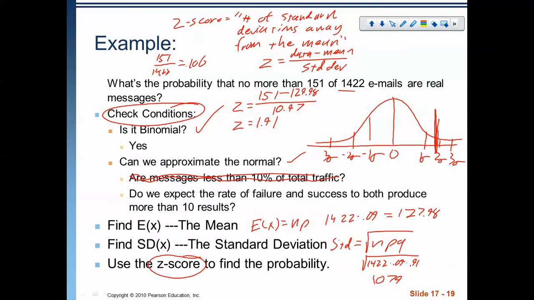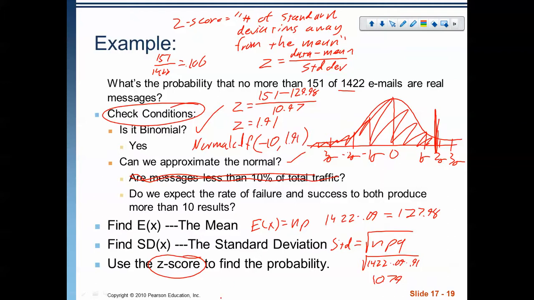And then we ask ourselves, what's the probability that no more than 151 emails are real messages? At least means above, no more means below. So we need to find this probability down here. And if you recall, that means we're using the normalCDF command. We're using a very small number over here, -10, and then we're going to go up to 1.91.